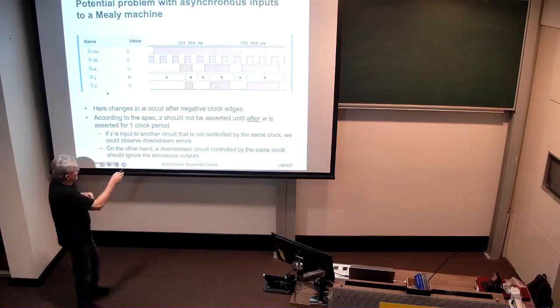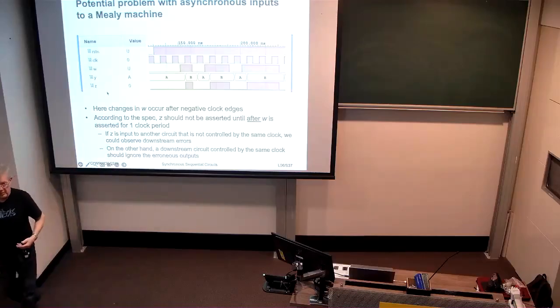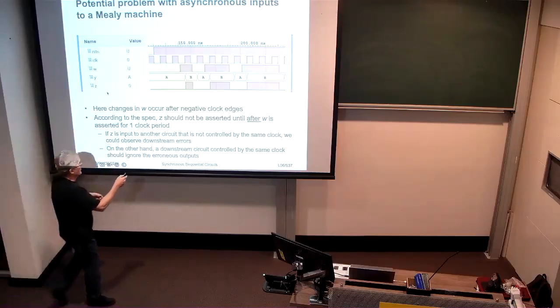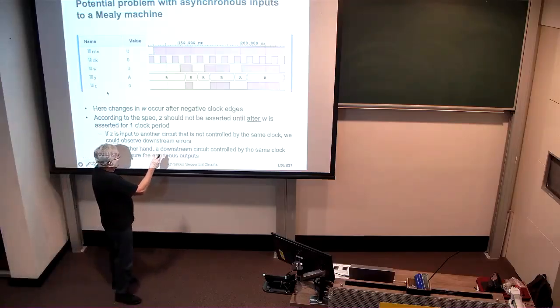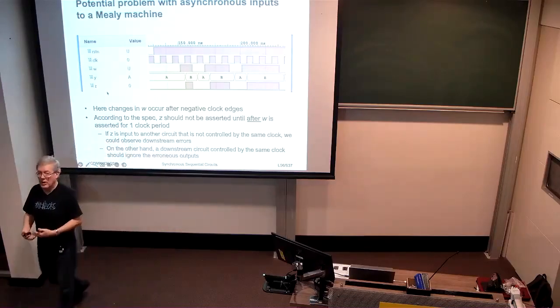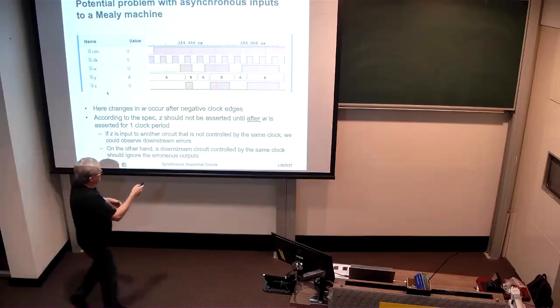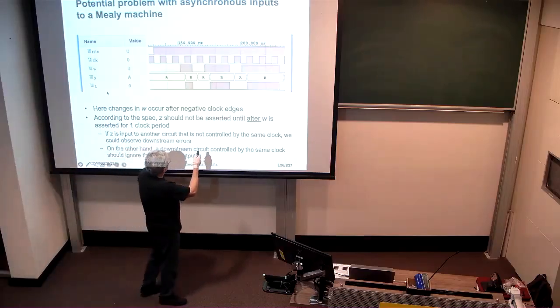So the rising clock edge happens right in the middle of the period while our input is high. So we see here, for example, that we enter state B and immediately we have our output Z going to 1. Similarly over here, for sort of 1.5 clock periods, Z is 1, and for here, 2.5 clock periods, Z is 1.